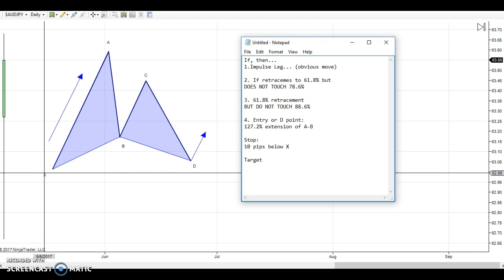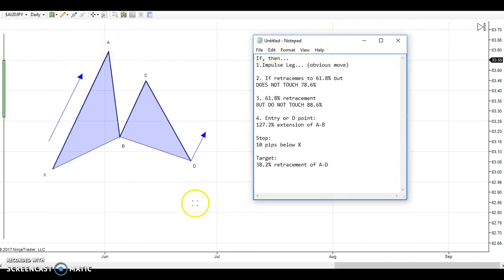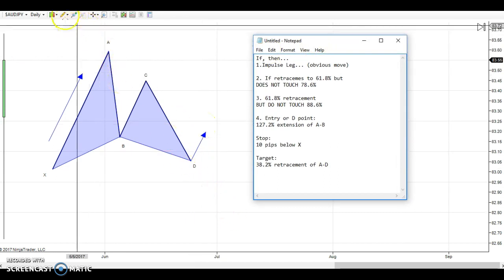Target. Where is your profit target? Well, your profit target should be a 38.2% retracement of A to D. So what does that mean? Here's A, here's D. We want the target to be a 38.2% retracement of this move, this entire move down.